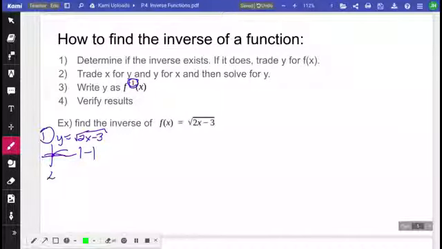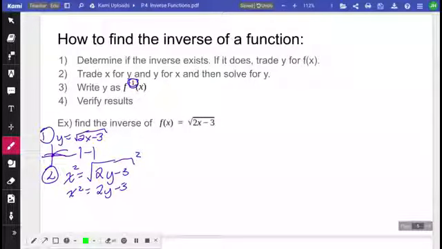Step 2, we're going to trade x for y. So x equals, instead of y equals, root 2, and instead of x we're going to put y minus 3. And that's it for step 2. Then solve it. We're going to get rid of anything surrounding the y, so we get y equals. First, I'm going to square both sides so that I get x squared equals 2y minus 3.